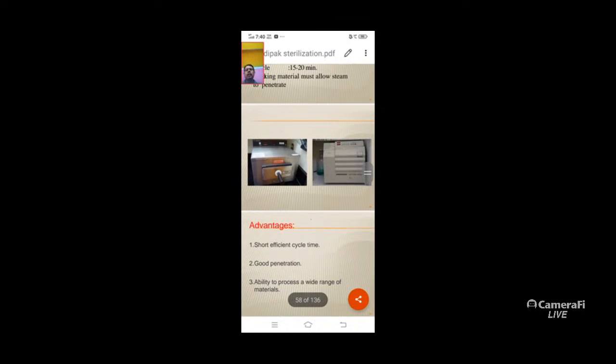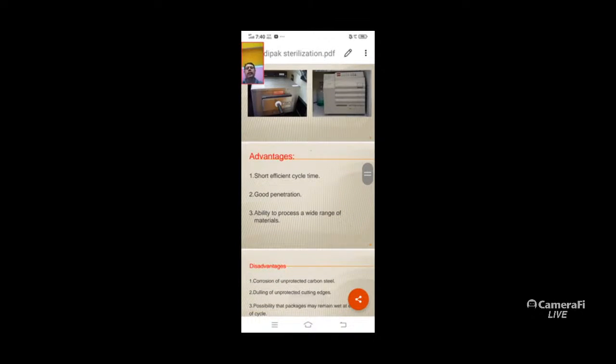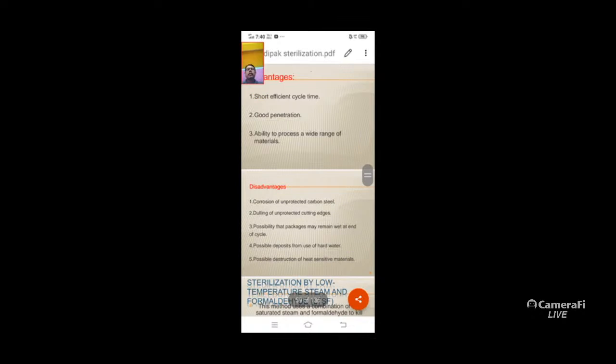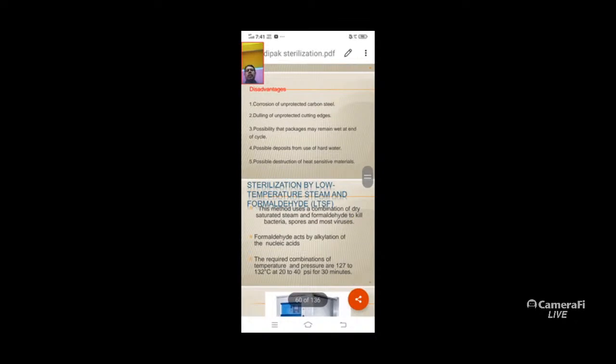These are the advantages of this method: efficient cycle time and good penetration, as this high pressure can penetrate and kill the microorganisms, and the ability to process a wide range of materials. But there are some limitations or disadvantages: caution with carbon steel, protection of cutting edges, the possibility that packages may remain wet after the cycle, possible deposition from the use of water, and possible destruction of heat sensitive substances. So that is a disadvantage.